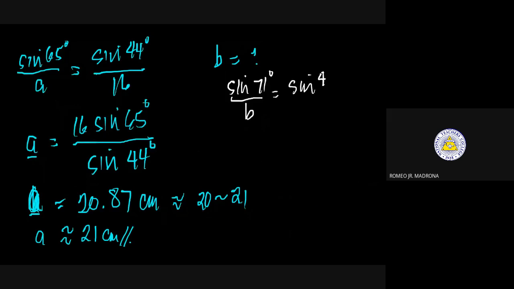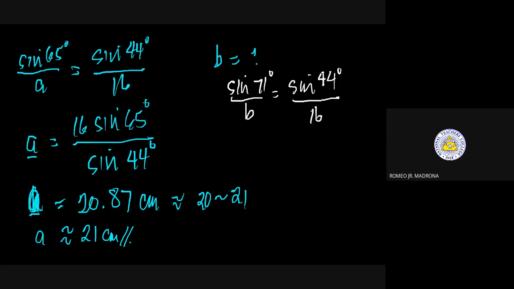Again, yung kinuwento ko dati, class, make sure that your calculator is on the right mode. If it's in degree, make sure that you're using degree measures or values. If it's on radian mode, make sure that you are using radian measures, or else you'll get incorrect answers there. Ang isa lang na tama na makukuha mo dyan ay 0 pag angle measure ay 0, di ba?